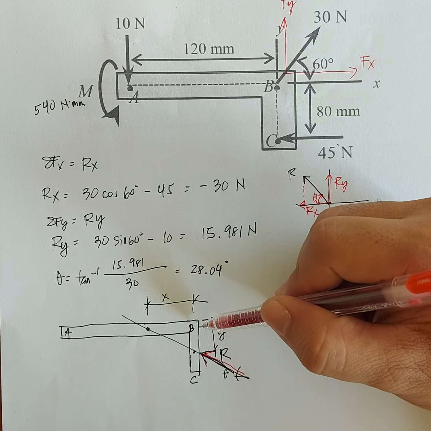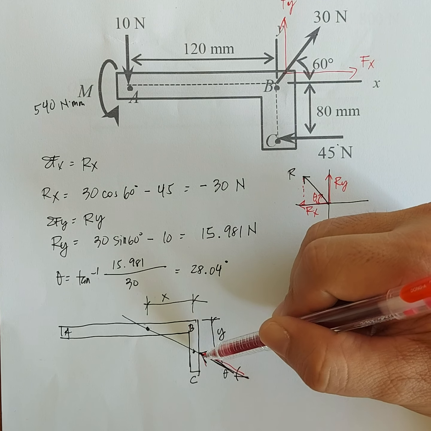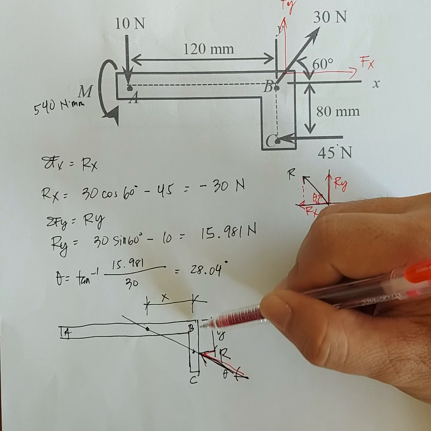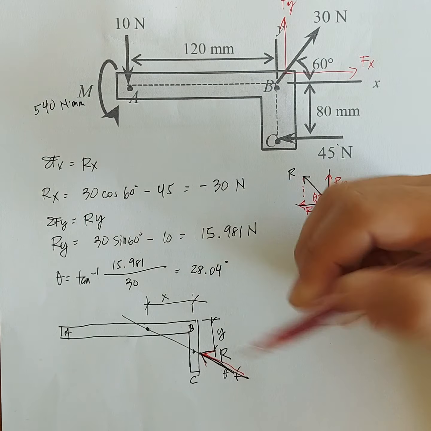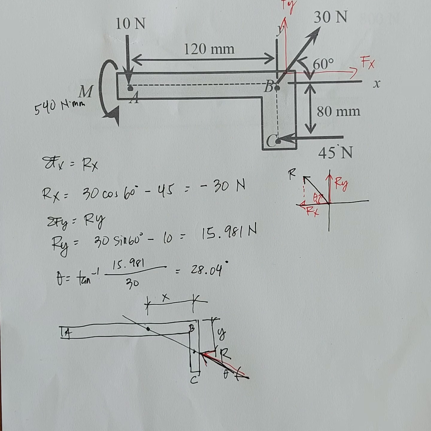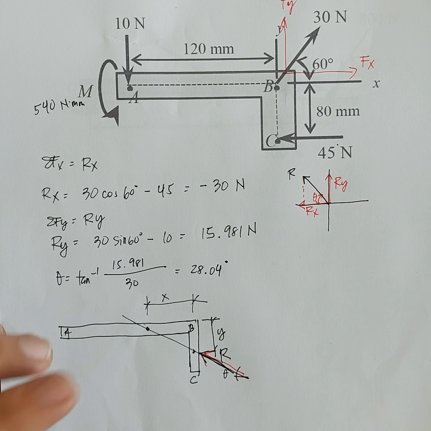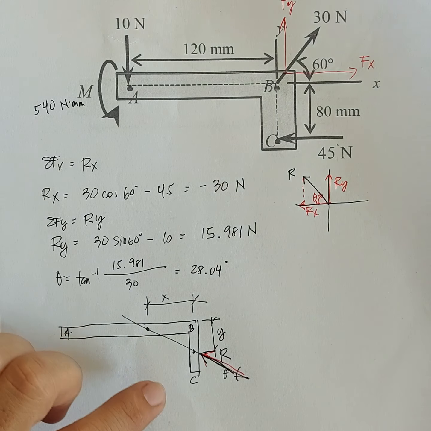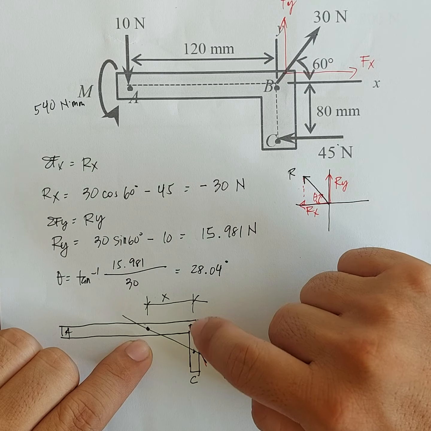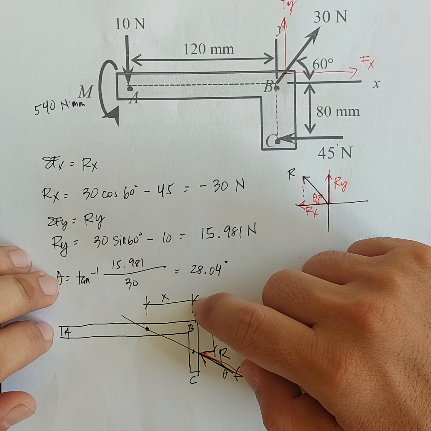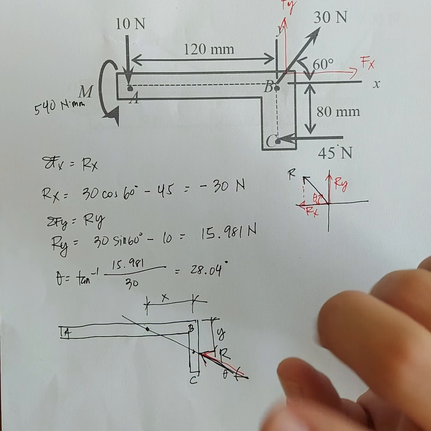So later on, we are going to solve also for the intersection, ito, location ng R natin from point B, Y, yung distance Y natin dyan. So to solve for the location, X, or the intersection, location of the resultant force from point B, no? Dito sa may line AB. We need to use the principle of moments.